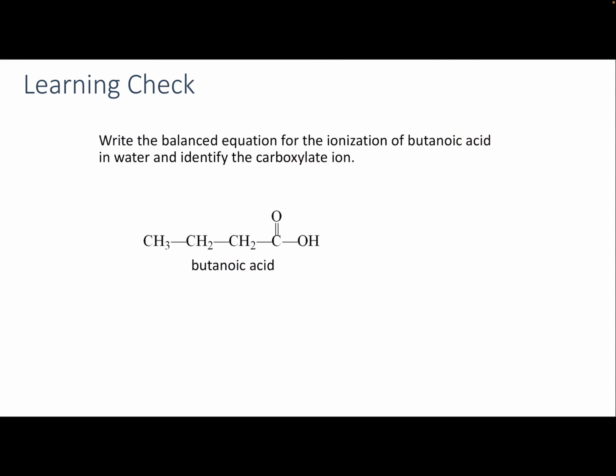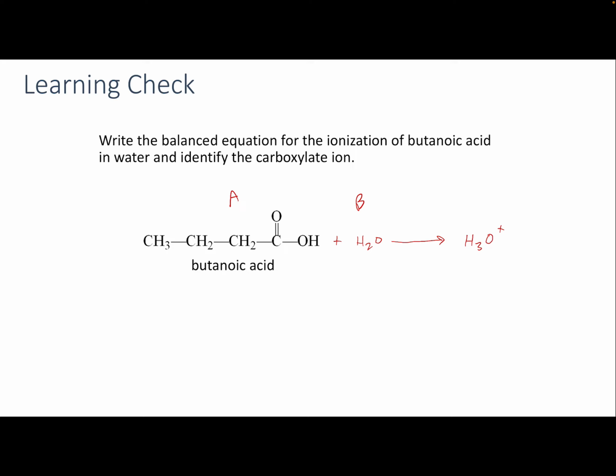All right. Let's write a balanced equation for the ionization of butanoic acid in water, and we'll identify the carboxylate ion. So the way we do this, we're just going to add water to this formula. We know we're going to get H3O+, that's the acid molecule. So whenever water is around, water can act like a base. If this is the acid, this is the base.